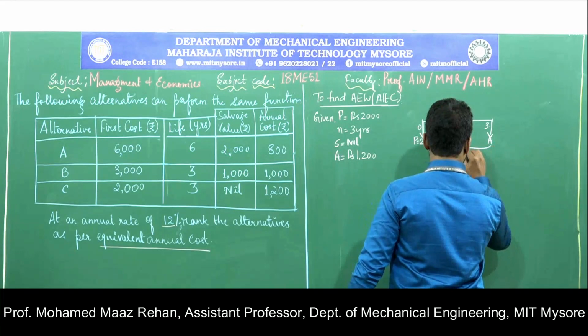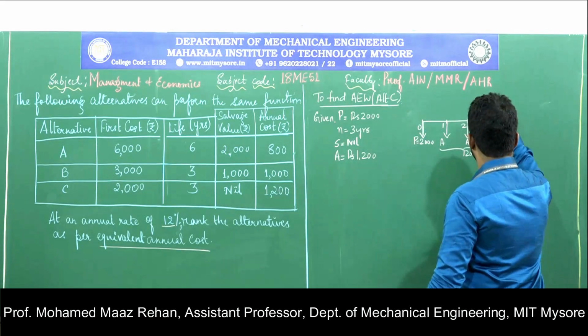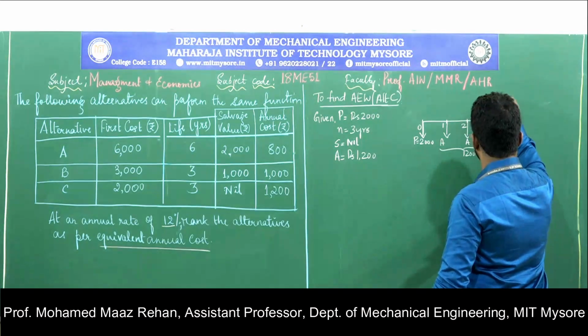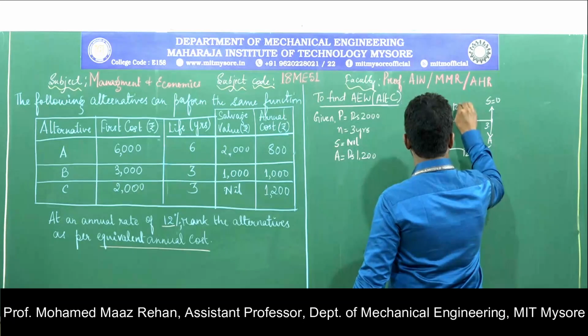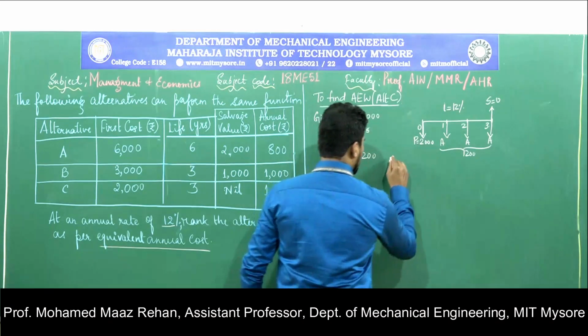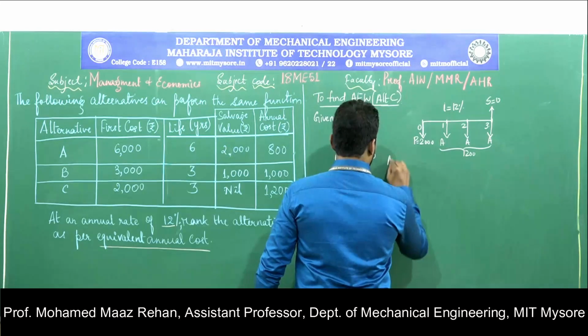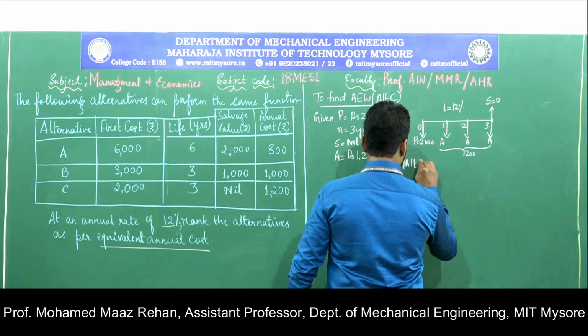Salvage you don't have any, that is 0. So rate of interest is 12%. In similar lines, annual equivalent worth for alternative C.